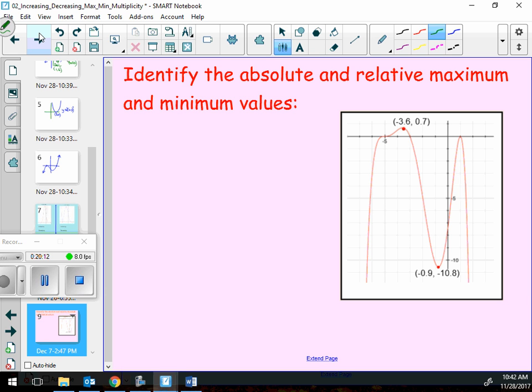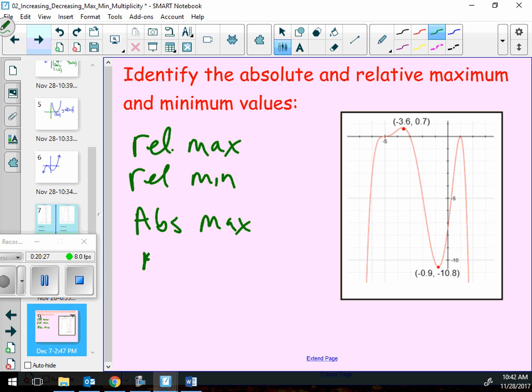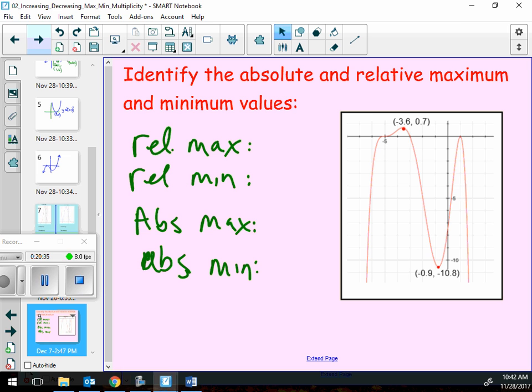Which of these points is, well, there's four kinds. The relative max, the relative min, the absolute max, and the absolute min. And I need to tell you something. On Desmos, which is what we often use to make our little graphs, they don't put arrows on the end automatically.